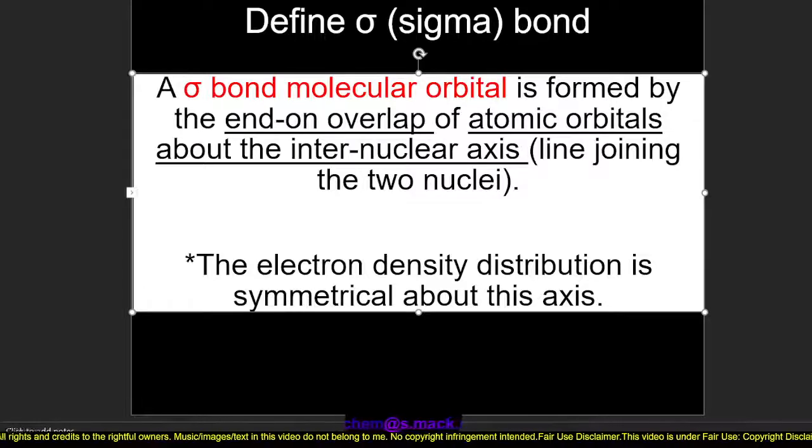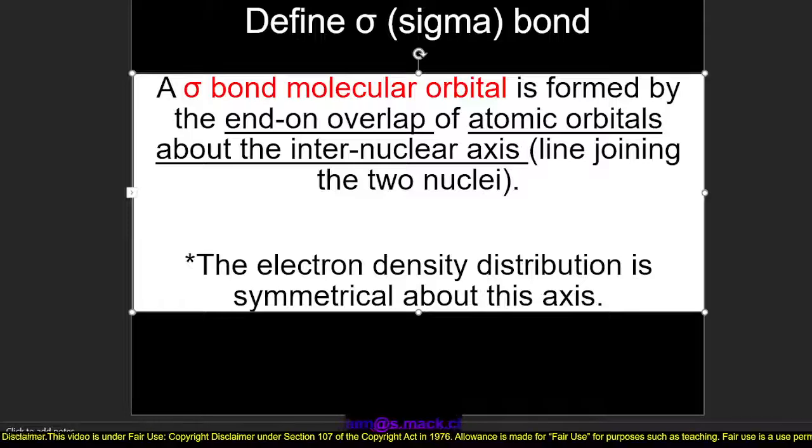On this slide, we see a definition of what is a sigma bond, where this sigma bond, also called a sigma molecular orbital, is formed by what is called end-on overlap of atomic orbitals, where through this end-on overlap of these atomic orbitals, we say that there is a maximum overlap along this internuclear axis.